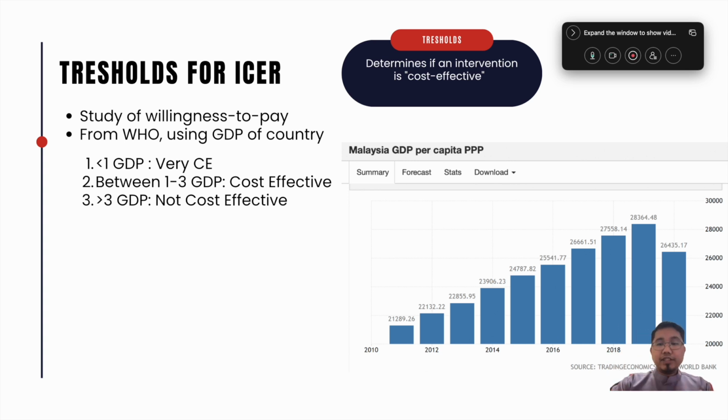When the intervention is between 1 to 3 GDP, I mean 40,000 to 120,000, it is cost effective. If it is more than 3 GDP, meaning more than 120,000, it is not cost effective anymore. Okay, that's about the threshold.